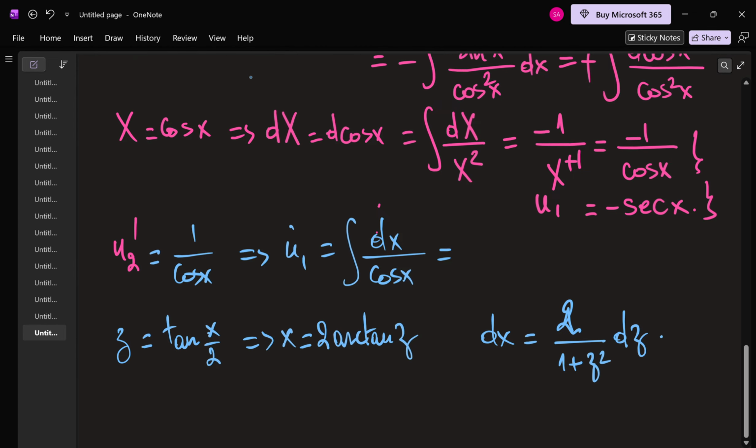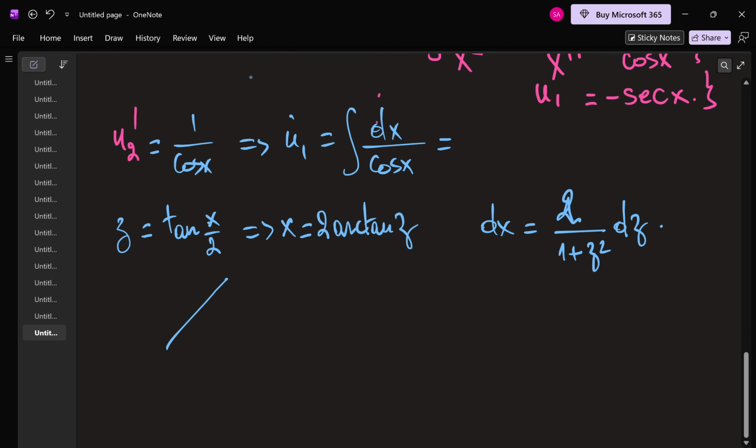Okay, let's continue. Let me remind you that by this change of variable we have this rule here. This is the x over 2. So this part here is 2z, and this part here is 1 minus z squared. If you do the Pythagorean theorem, you will find that this part is equal to 1 plus z squared.